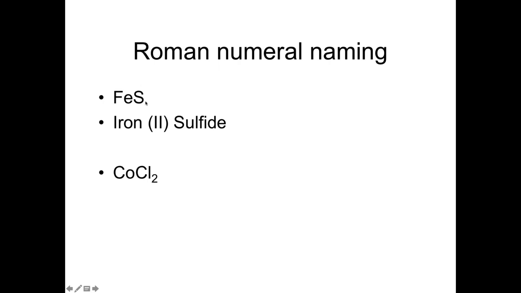S is sulfide or sulfur. Sulfur will have a -2 charge. Since we only have 1 iron, iron has to be a +2 or iron 2 sulfide. We have cobalt chloride here. Chloride is -1. There's 2 of them, so therefore cobalt has to have a +2. So it's cobalt 2 chloride.